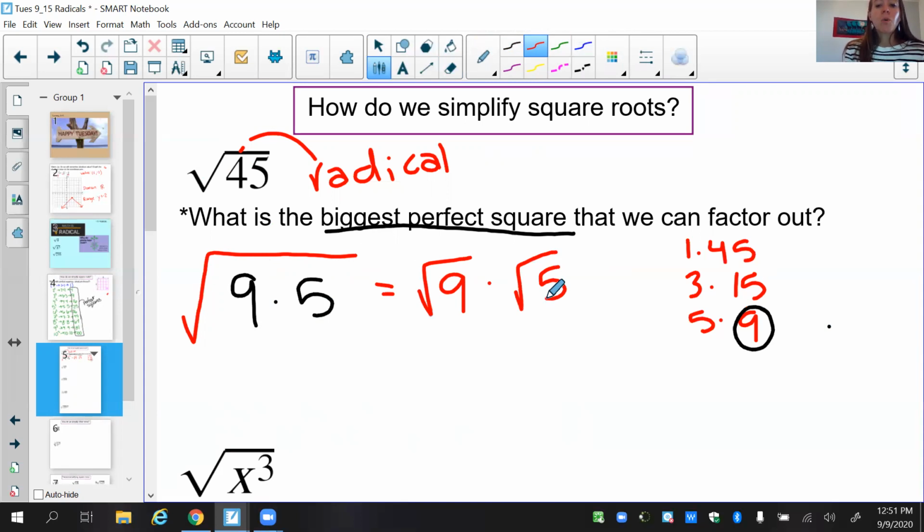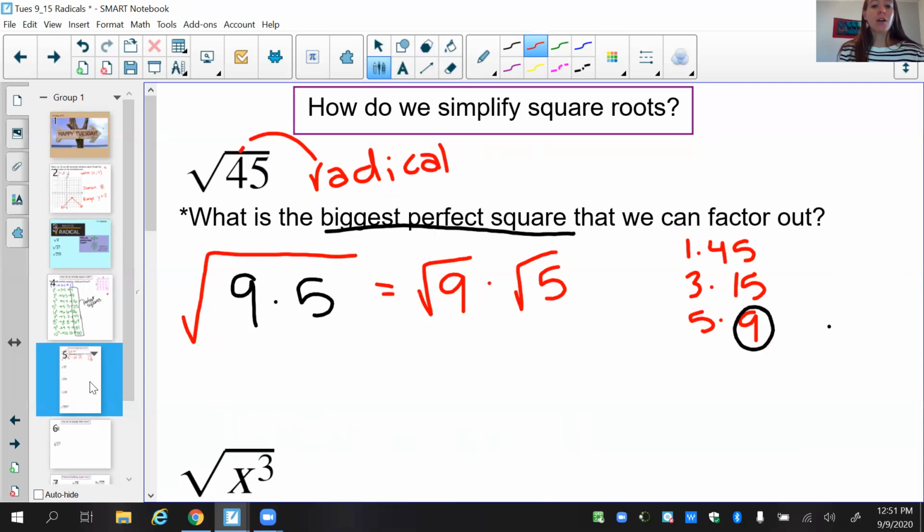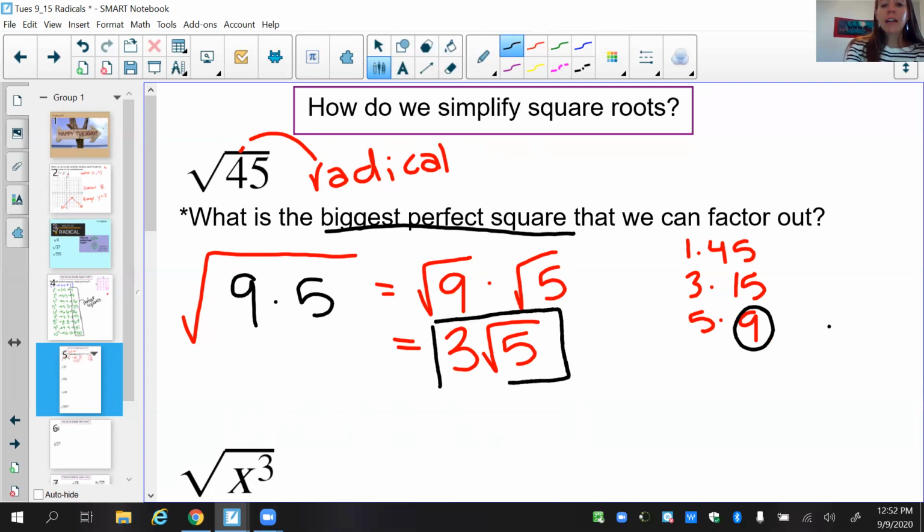Well, the square root of 9, if we go back to our list and work backwards, is 3. The square root of 5 doesn't exist as a whole number. So I now have simplified and I'm done.